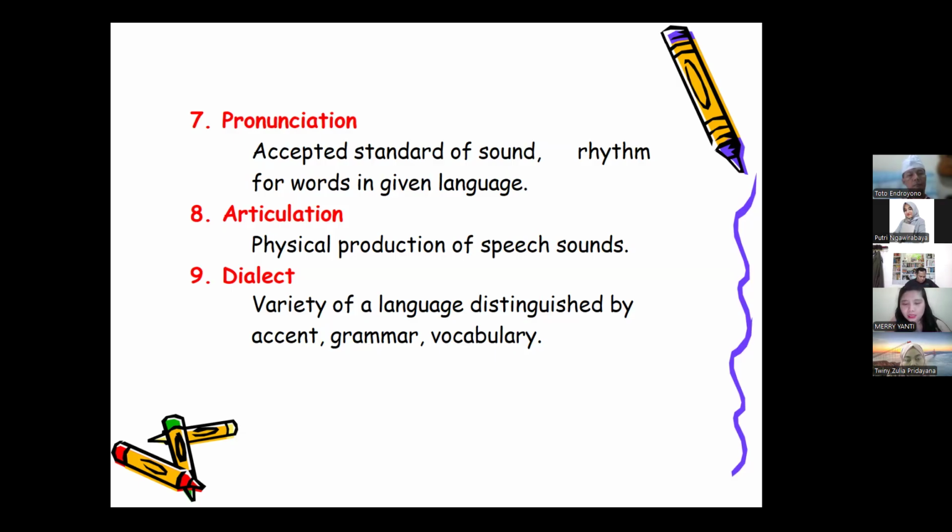Okay, next slide, number 8, is articulation, the physical production of speech sounds. For example, clearly pronouncing all sounds is important. Articulation for American is important, but for British too.